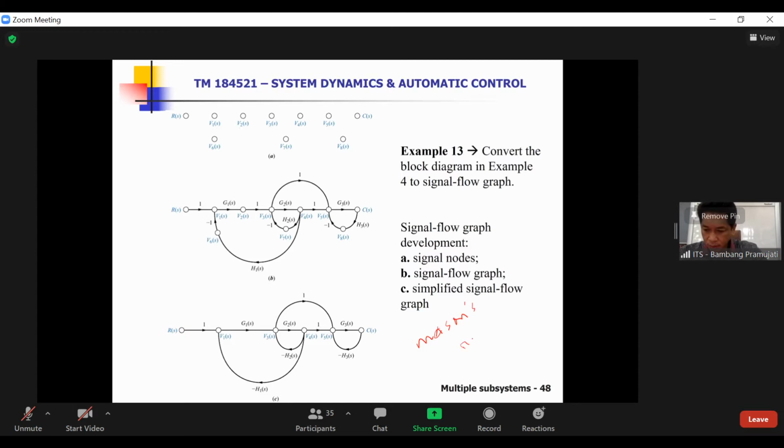Mason Rule ini untuk menyederhanakan signal flow graph, menyederhanakan atau membentuk persamaan. Oke, that's I guess chapter 5. Saya rasa materinya cuma itu.